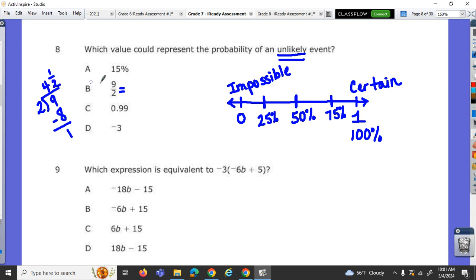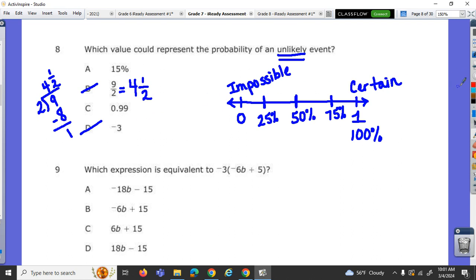So 4.5 is equivalent to that. 0.99 would be like a 99% chance, and then -3. So these two, B and D, are not on our scale. They're not on the scale from 0 to 1. These two, A and C, are on our scale, but only one of them is unlikely. Okay, can you think about which one might be?